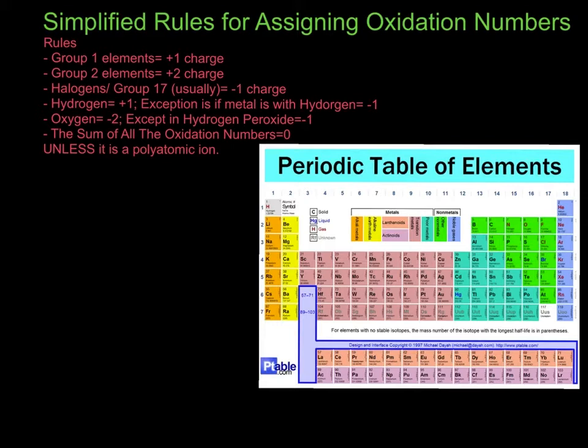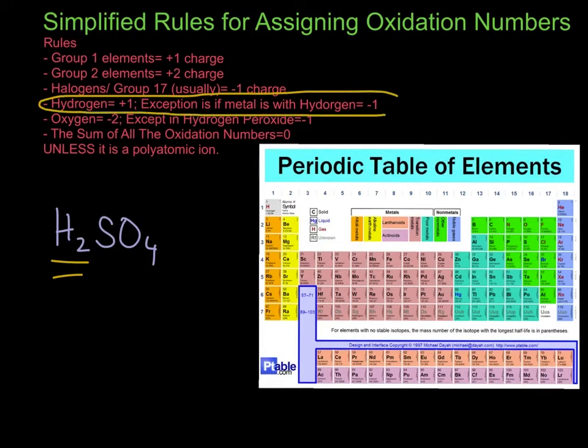Let's dive right into another one. So now we've got H2SO4. What is that? Sulfuric acid. Let's go by each one individually. We've got H2. Do we know anything about hydrogen? Yes, we do. Hydrogen will be +1 unless it's with a metal, then it's -1.